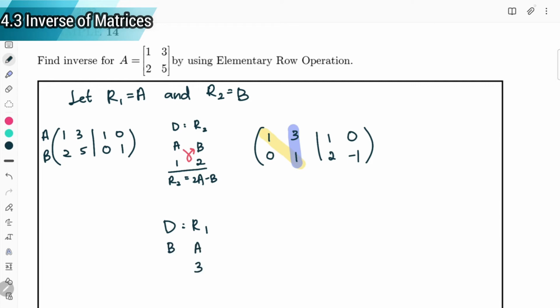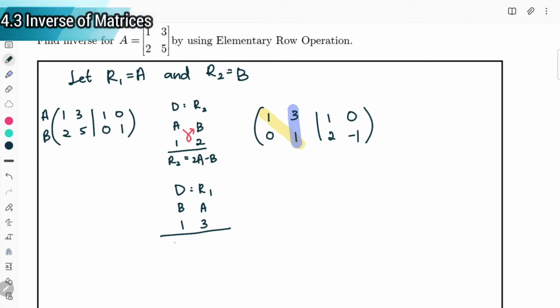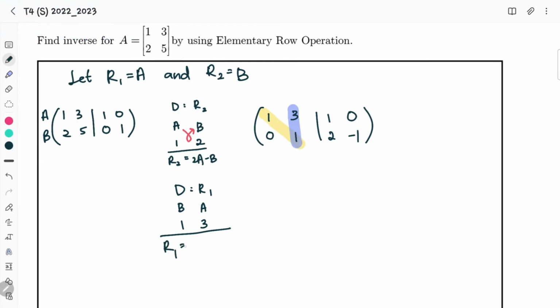The diagonal is in row 2, so B, and the entry is 1. So we're going to change row 1 using this formula, 3B minus A. I've written the second row because the second row will remain.